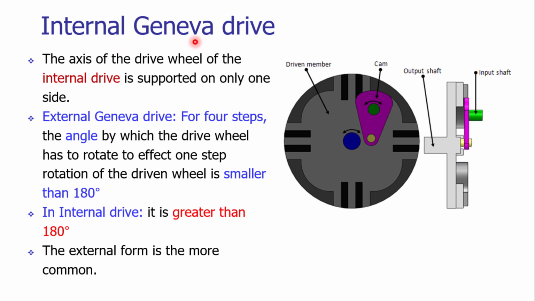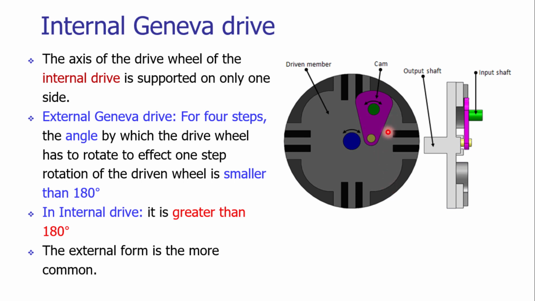In the internal Geneva drive, instead of having the peculiar shape cut on the outside of the disk, on the external side of the disk, we have the slots, or engagement of the pin in the slots, on the internal side of the drive.